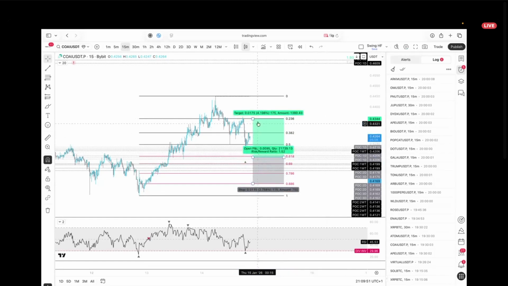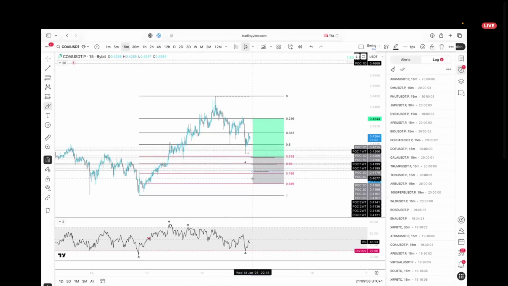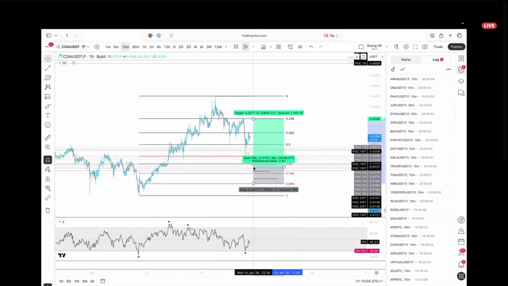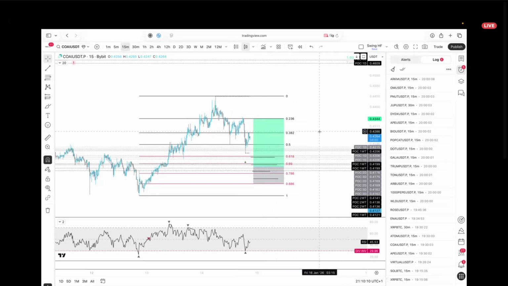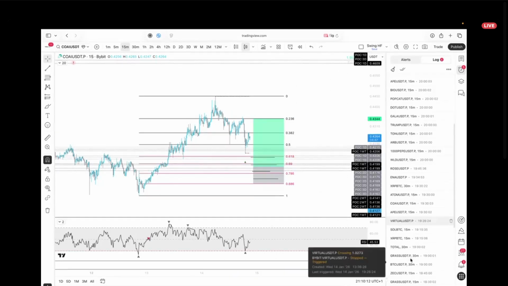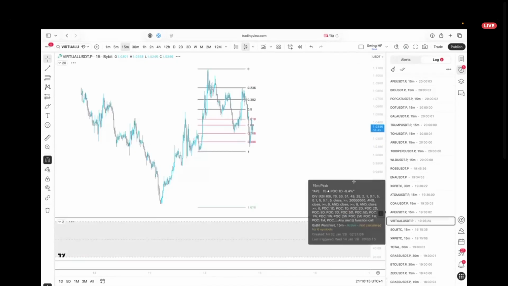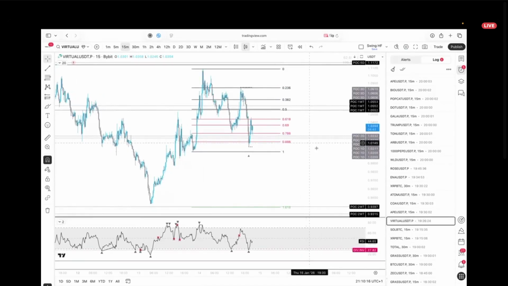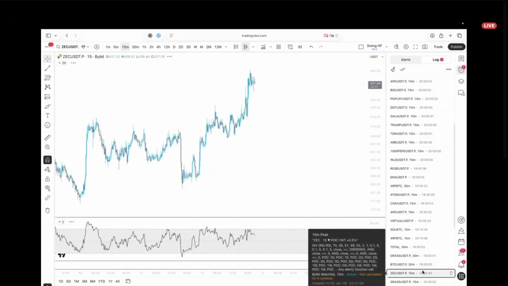Wow. So don't look at the RR here, because as you know, we can place some limits, okay? Like one here, one here, one here, and one here. So if we get fully filled, we would have an entry something like this maybe, and this would make sense, right? So that's why we place more limits to have the best entry possible on these trades. Virtual was a shitty one.